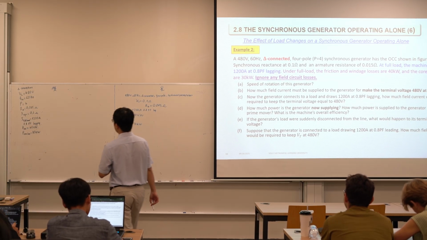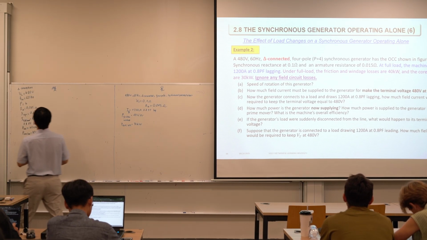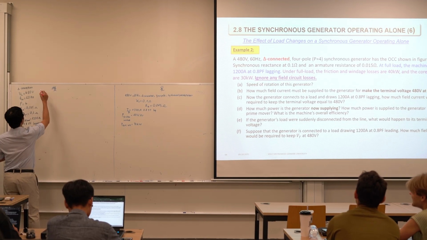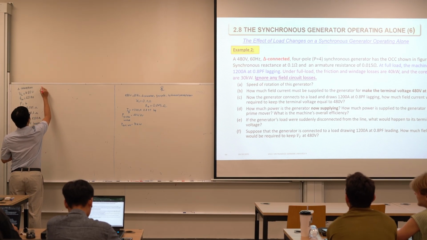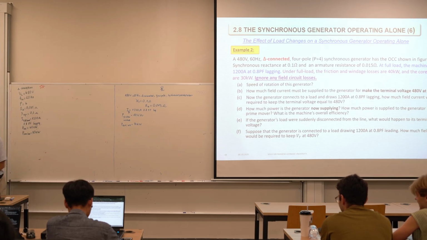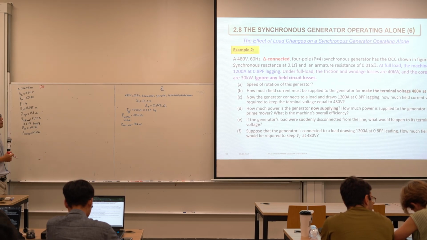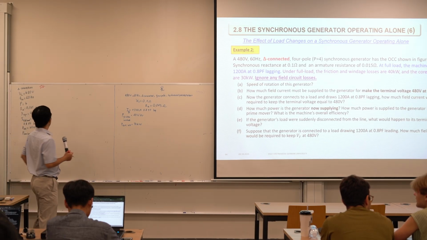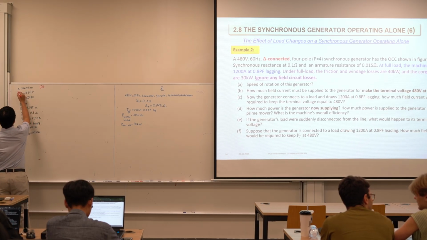So here we have this synchronous generator, right? First of all, you need to determine whether we have a synchronous generator or motor, because for the final exam we have different objects. Okay, this is a delta connection, right?